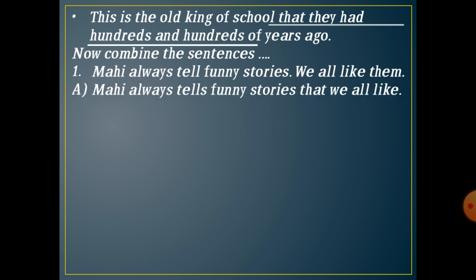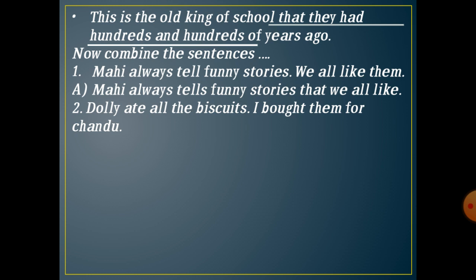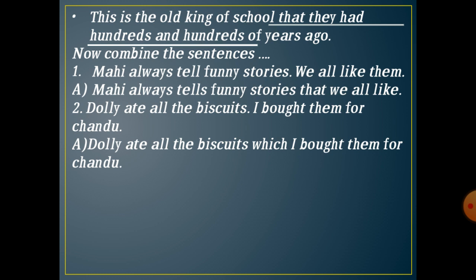Mahi always tells funny stories that we all like. Next: Dolly ate all the biscuits. I bought them for Chandu. There are two sentences. How will we combine them? Yes, Dolly ate all the biscuits which I bought for Chandu.